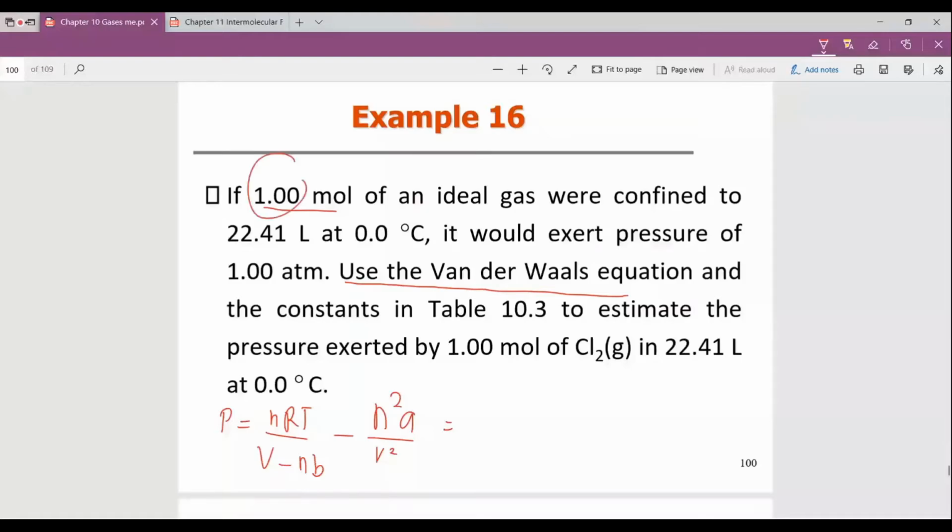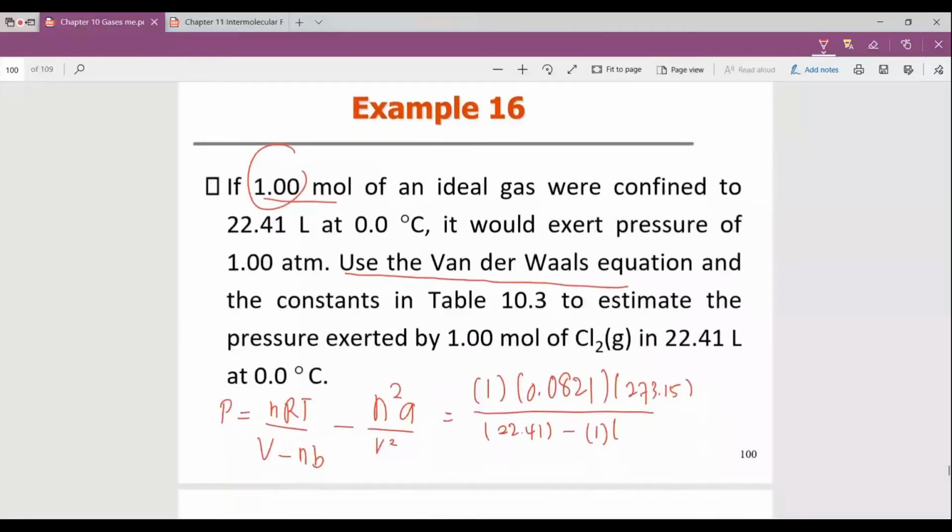n, the number of moles, is given as 1, and R is a constant, 0.0821, times the temperature, 273.15, divided by the volume, 22.41 liters, minus n, the number of moles 1, times b, the constant.